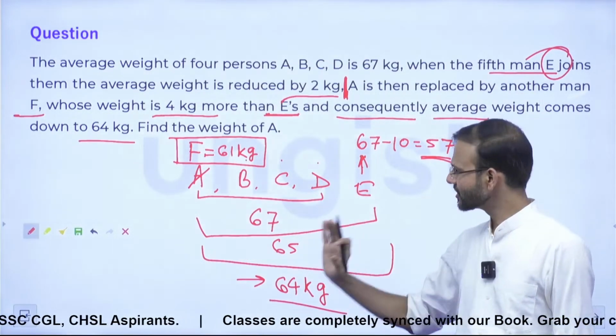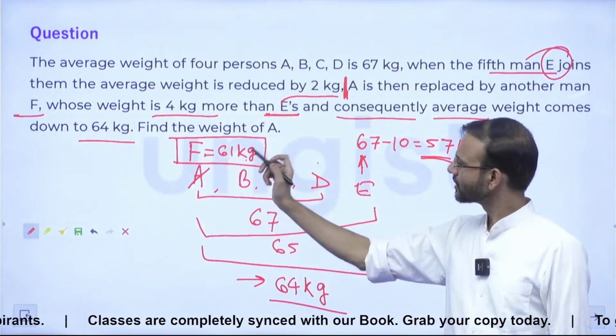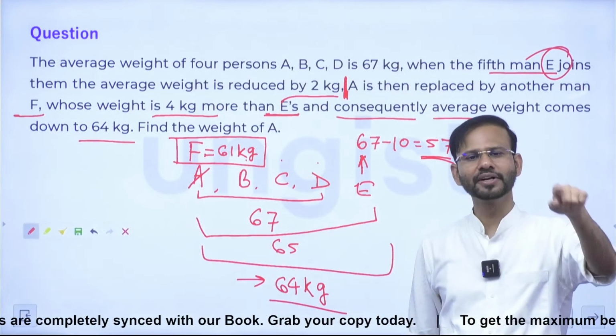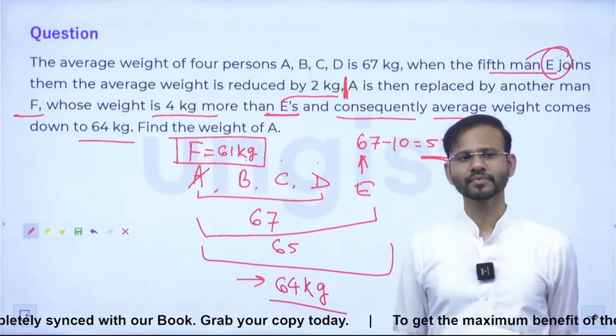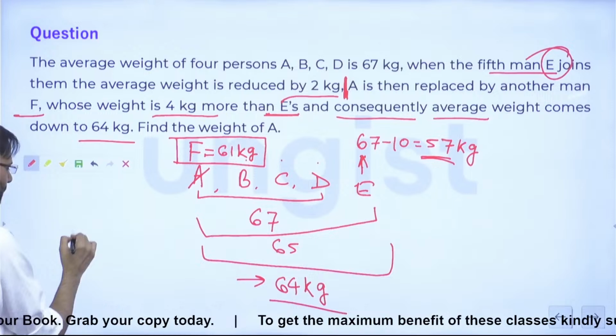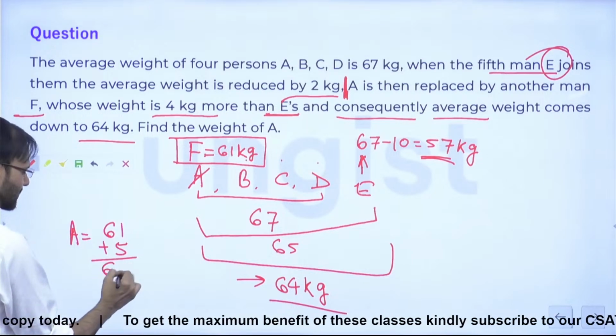So the person who has joined is 5 kg less than the person who was already there. So it means the weight of A is 61 plus 5, 66 kg.